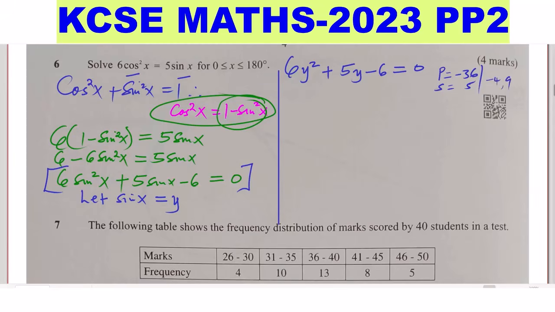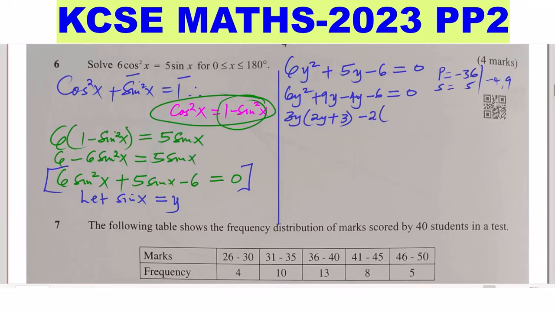So let me factorize this. You get 6y squared plus 9y minus 4y minus 6 equals 0. Between 6y squared and 9y, 3y is common, so we remain with 2y plus 3, then minus 4y and negative 6.